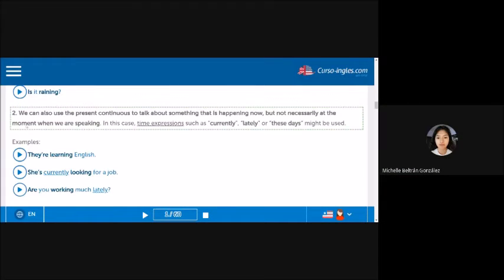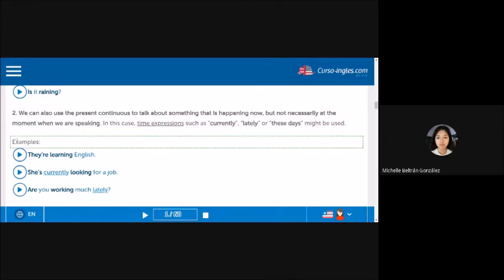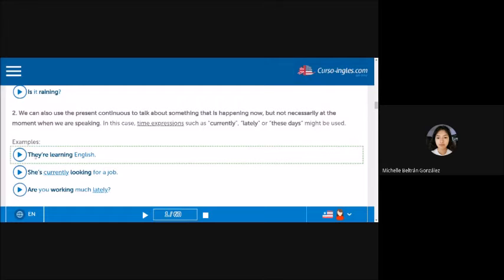Number 2. Thank you, teacher. We can also use the present continuous to talk about something that is happening now, but not necessarily at the moment when we are speaking. In this case, time expressions such as currently, lately, or these days might be used. For example, they are learning English.